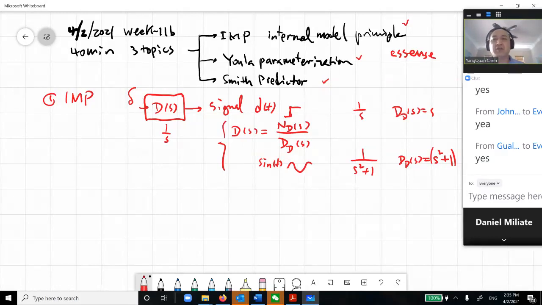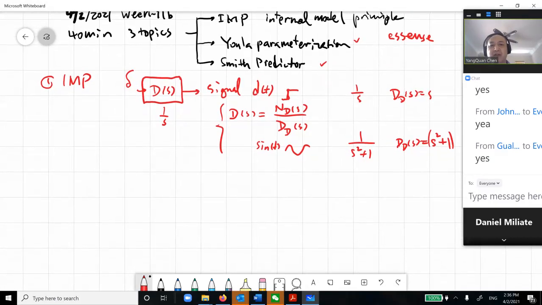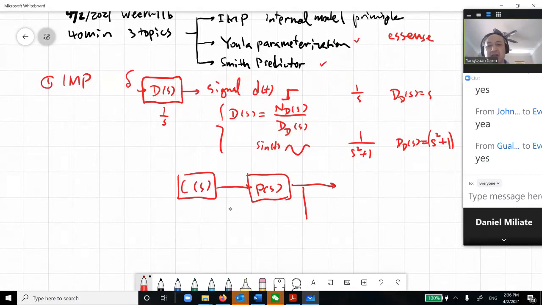So what internal model principle said is you have a system, you have a plant. You want to control it. You design the controller, so this is C of S. So you have a reference signal. Okay.